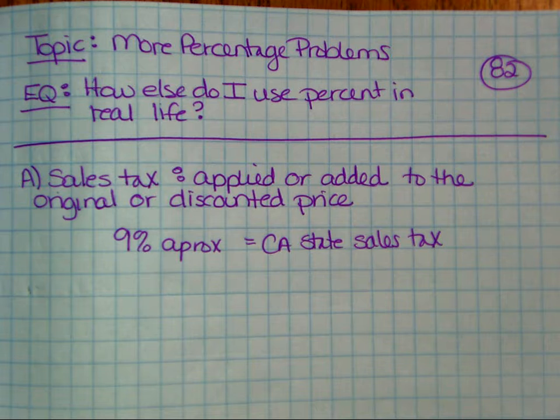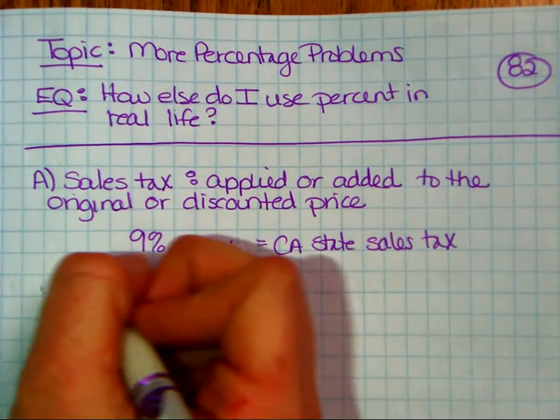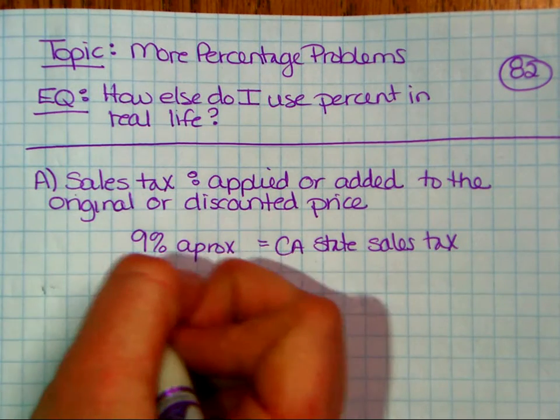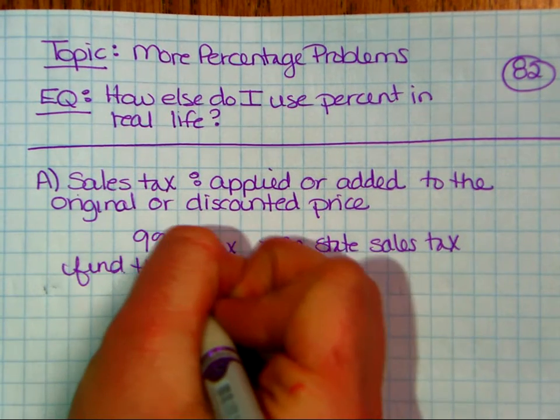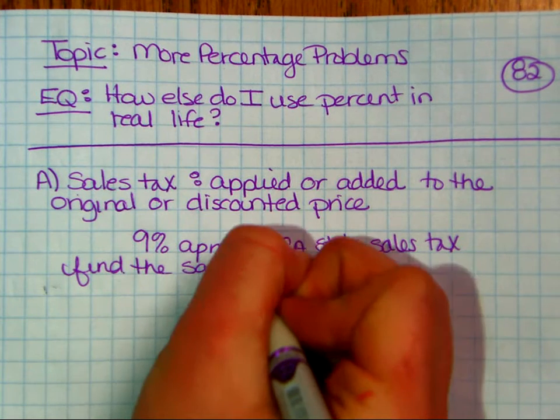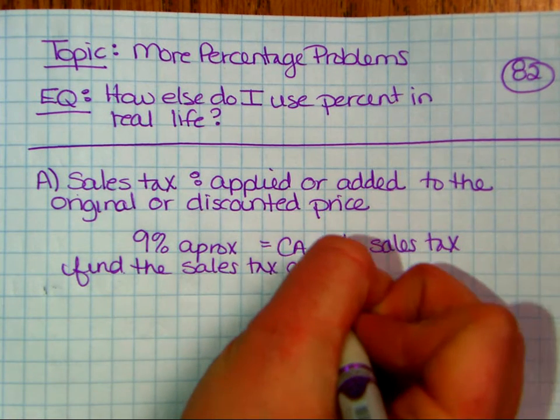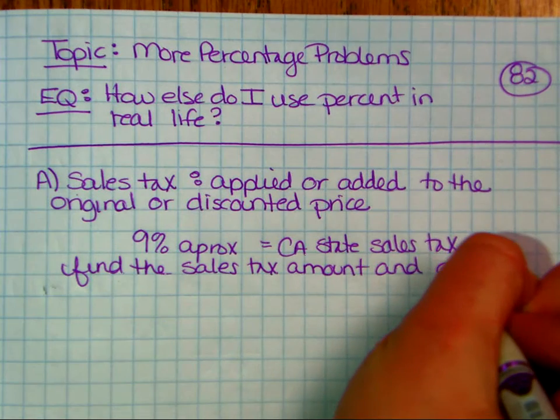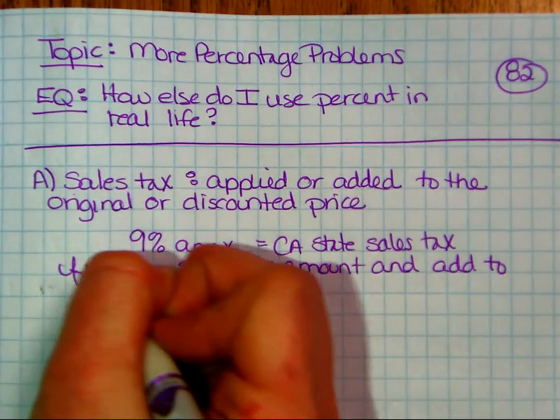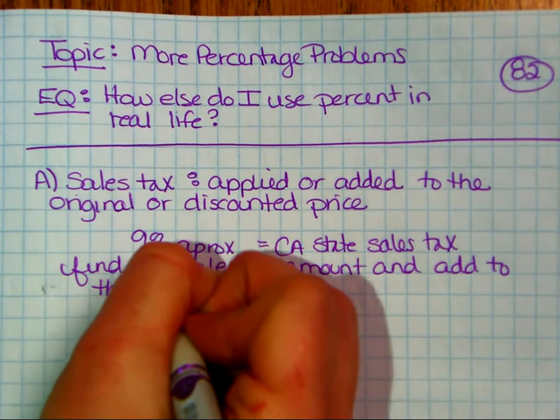So now, in order to find your cost, you are going to find the sales tax amount and add it to the original price.